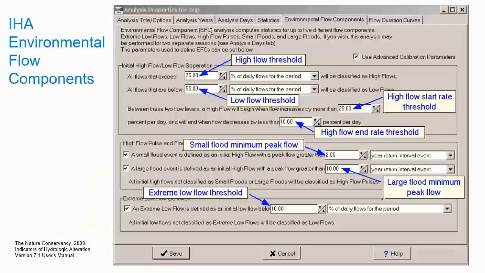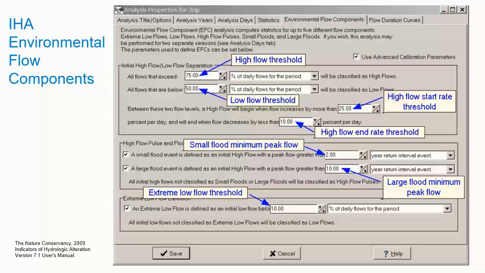This is an image of the user interface of the IHA software where thresholds distinguishing between the different flow components can be set. Flow types are distinguished by either setting percentage thresholds or calculating return intervals. For example, flows that are below the mean or median flow of all days in the period of analysis may be classified as low flows, and flows below 10% of all days in the period may be classified as extreme low flows.